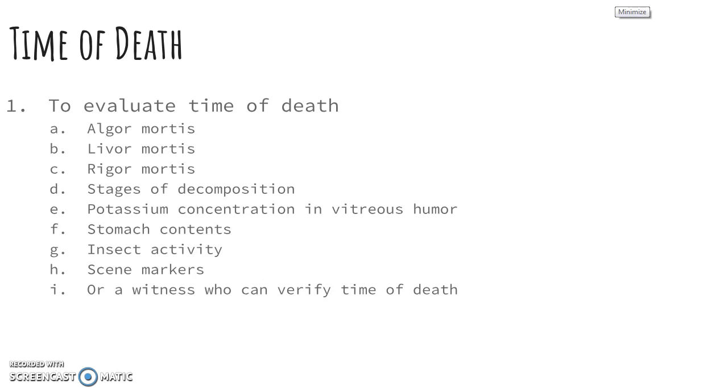We look at rigor mortis, which is the stiffening of muscles, the different stages of decomposition, potassium concentration in the vitreous humor of the eye, the person's stomach contents, if there's any insect activity on or around the body, if there's any scene markers, so if there are newspapers or a clock that's broken, anything that could help identify a time frame, or if there's a witness who can verify time of death.